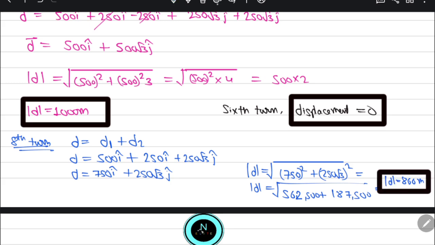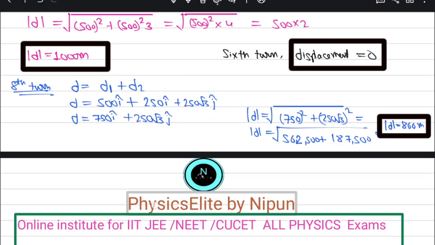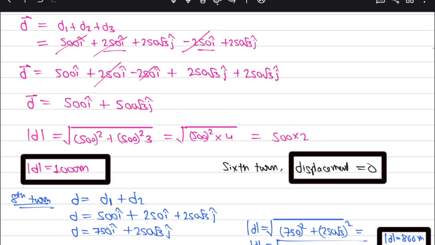Understood? This is a very good question and it takes time, but you can understand the concept. This is more important. Now I proceed to the next question.